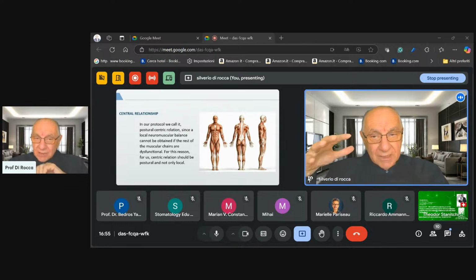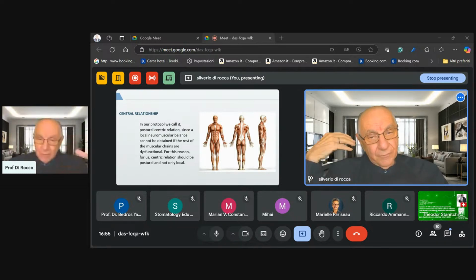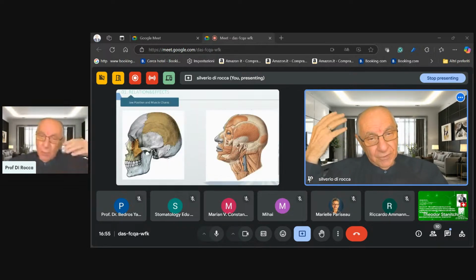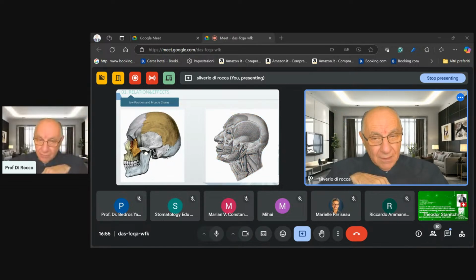And slowly, we are going from the top to the bottom, creating alteration. This situation, retroposition.